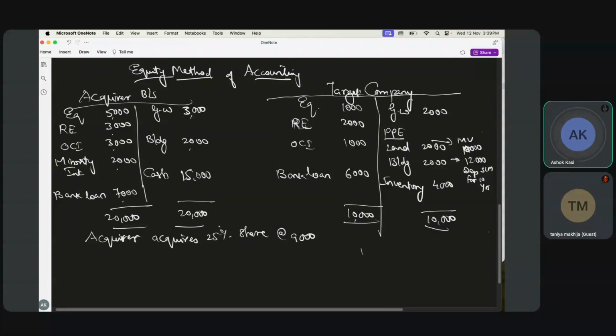The first question is to prepare the balance sheet of the acquirer post acquisition.